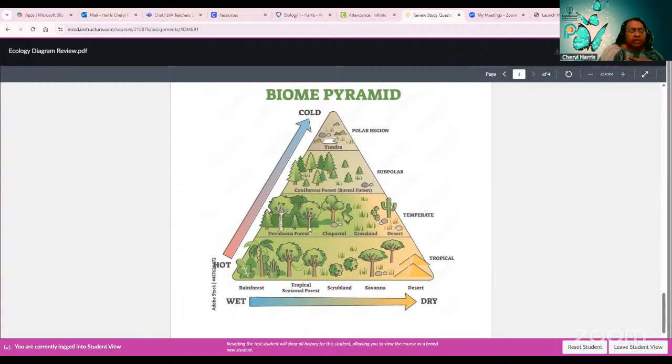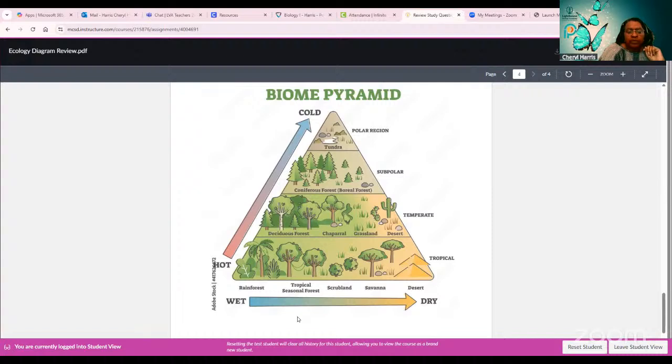Where we live is a deciduous forest. So we are kind of in that warm area. We're not hot. We're in the warm end of the arrow, but we're also on the part of the arrow that is kind of moist. Okay, we're not wet, wet like a rainforest, but we're moist.